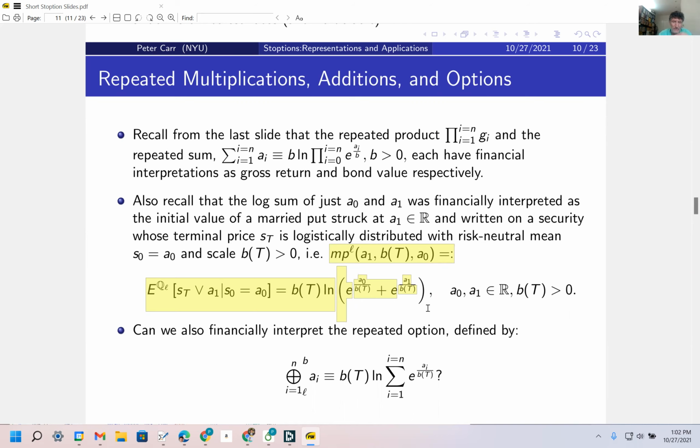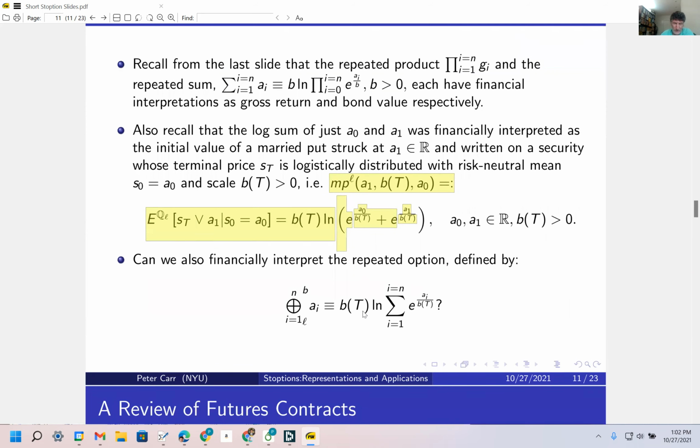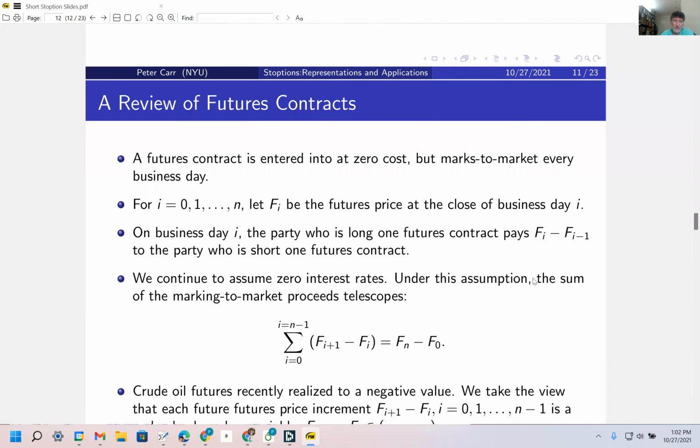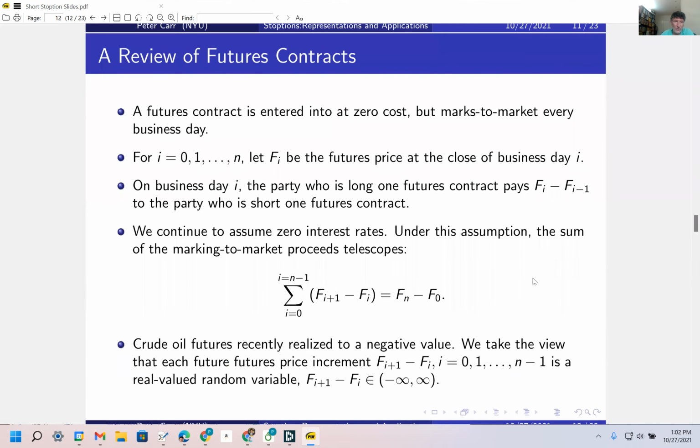Can we financially interpret doing this binary operation two or more times? So the answer will be yes, and we'll be led to a contract called a stoption that's in the title of this talk. So I want to first remind you how futures contracts work, because a stoption will be very similar.